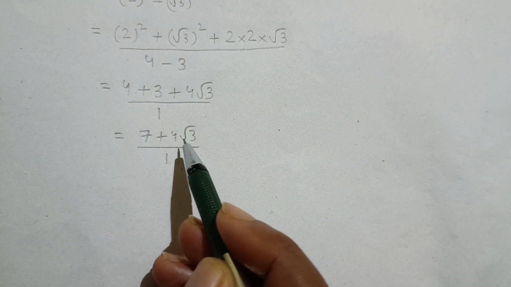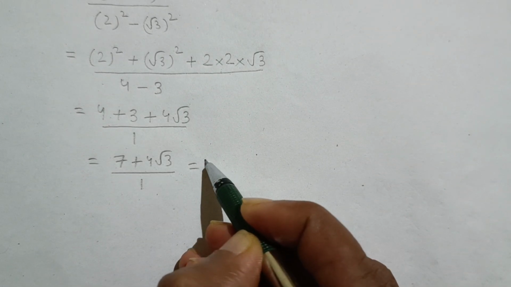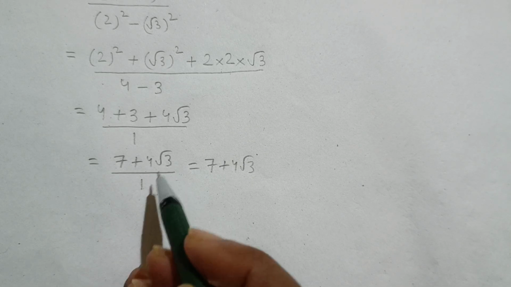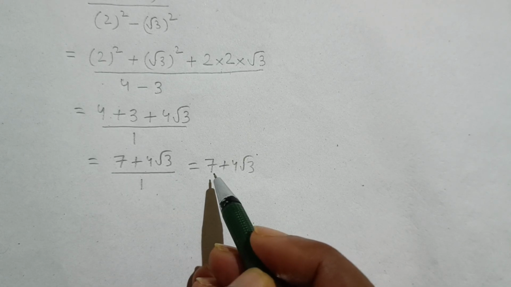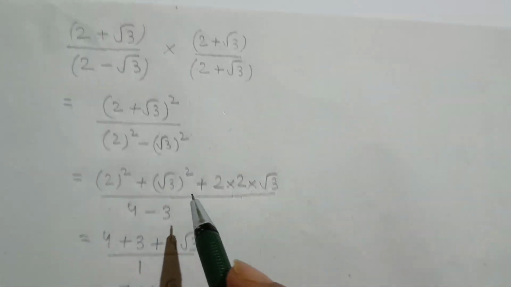So 7 plus 4 square root of 3 upon 1. Now I can simply write this as 7 plus 4 square root of 3, because 7 plus 4 square root of 3 upon 1 is 7 plus 4 square root of 3. So this is what I get.